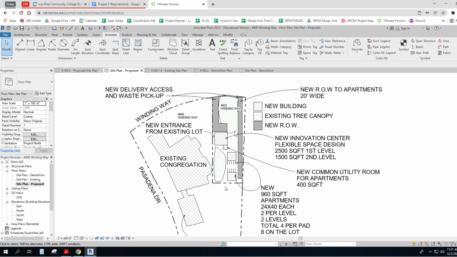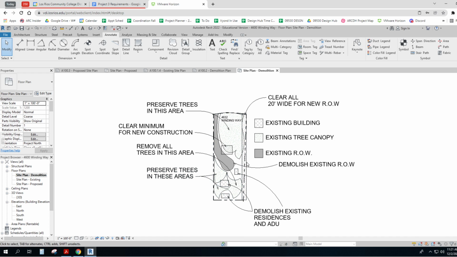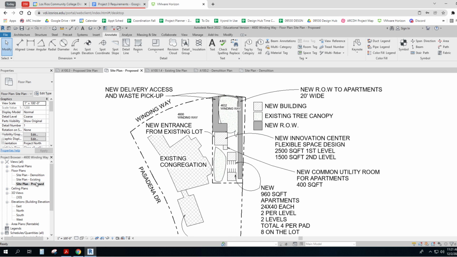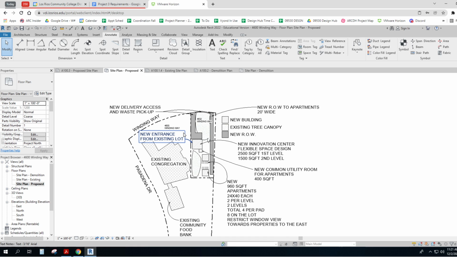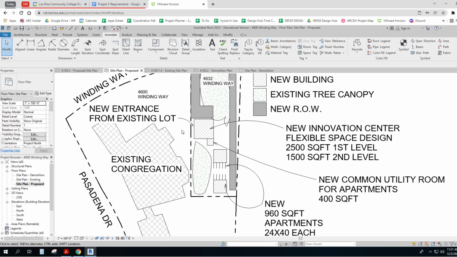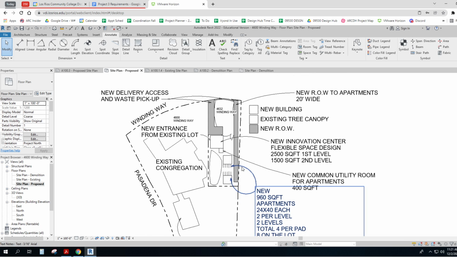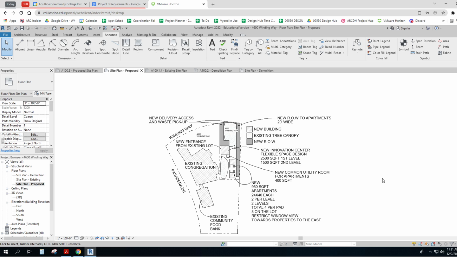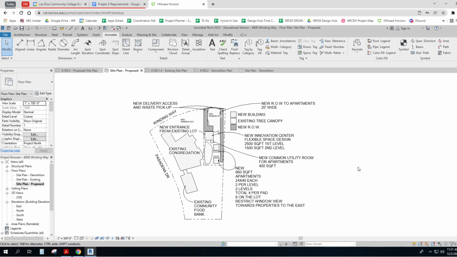Okay, so for the demolished, we don't include where the church is? We can do that one. Because really and truly, you're probably not going to be doing anything over here. Now, if this little building here needs to get demolished, then you can do a little bit more of it. Or if you're going to demolish something over here to make this entrance, but take it easy on yourself. Make a plan that's easy.